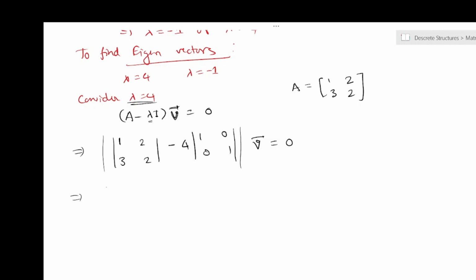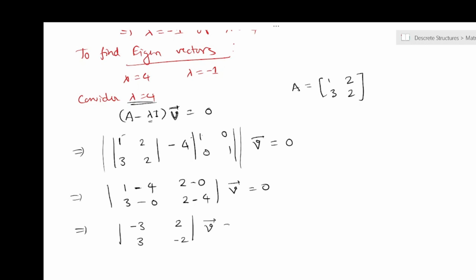This implies I am going to get 1 minus 4, 2 minus 0, 3 minus 0, and then 2 minus 4, times the vector equal to 0. This implies [minus 3 2; 3 minus 2] times the vector is equal to 0.